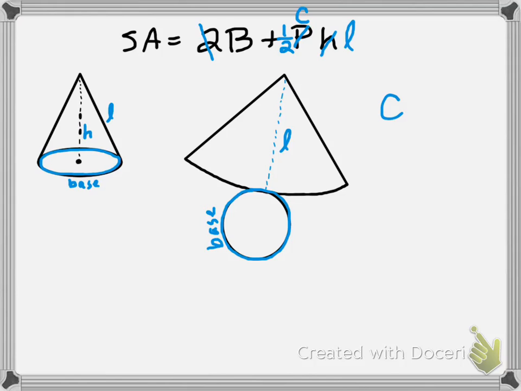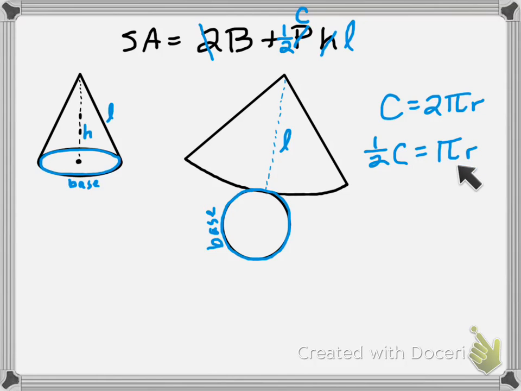I want you to think about what circumference is. That's pi times diameter, right? Well, another way to write that is 2 times pi times radius, because 2 times radius is diameter. So if I was to take half of the circumference, like it says up here, then half of the circumference would just be pi times radius, because half of 2 is 1.